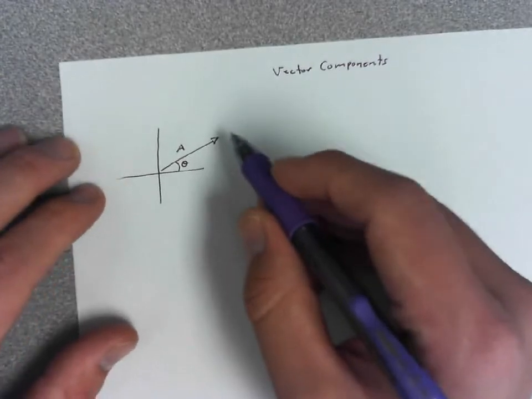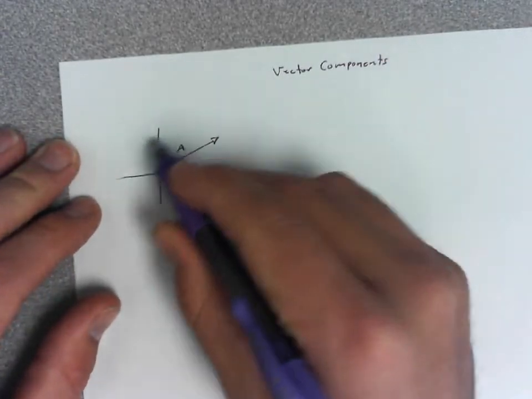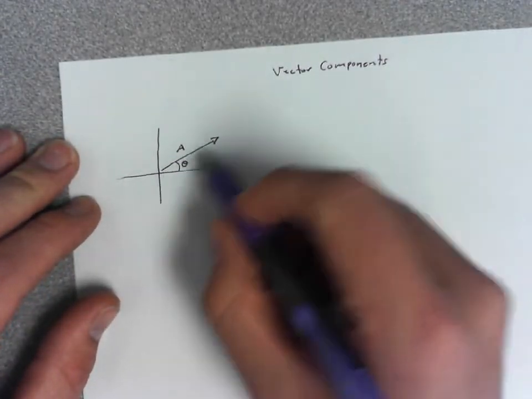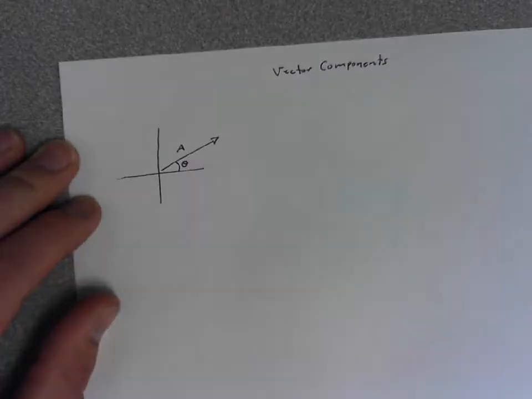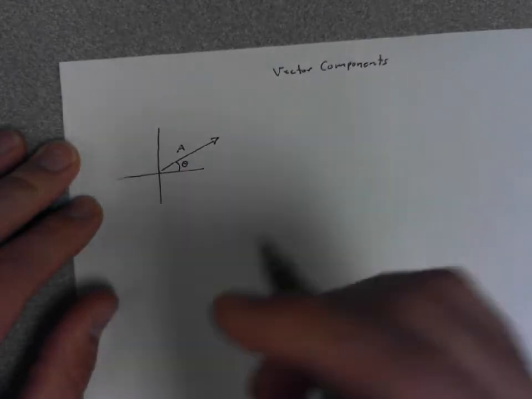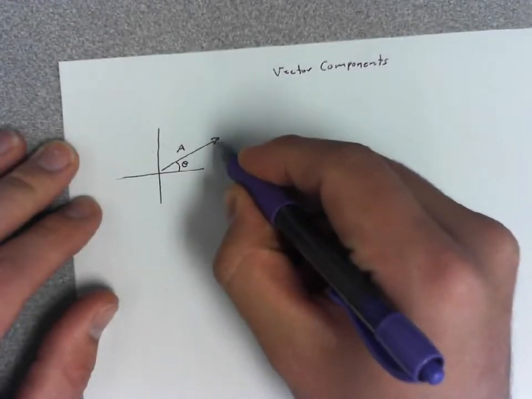Now, what we do here, if this vector here, vector A, if I say that the length of A is the length of the actual arrow I drew, then I have an advantage.